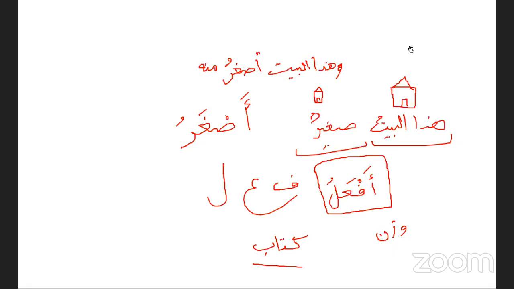So we said that the ism tafdil can be mufrad and it can be jam'. صح? We also said it can be مذكر and it can be مؤنث. صح? It can also be nakira and it can also be ma'rifah. That's what we need to know.